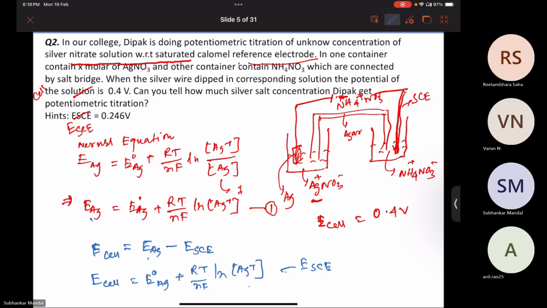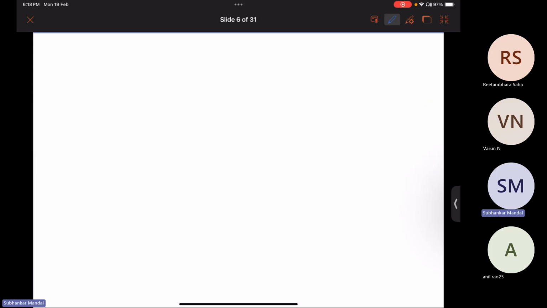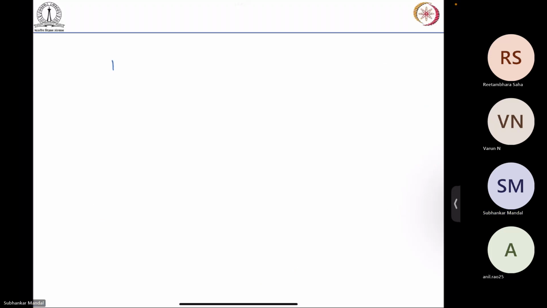Okay. So how can I write this equation? We can keep this one on the left side and take all these things to the right side. So RT by nF ln of Ag plus is equal to E cell minus E naught of Ag plus plus E saturated calomel electrode.